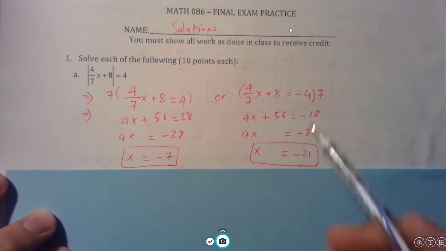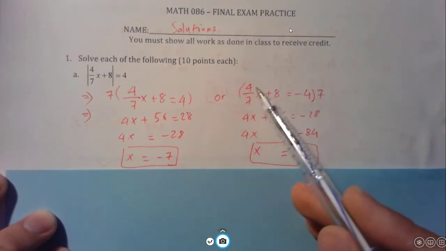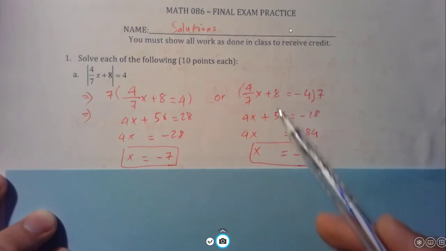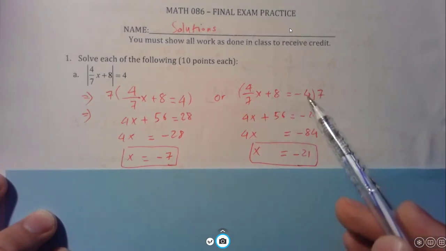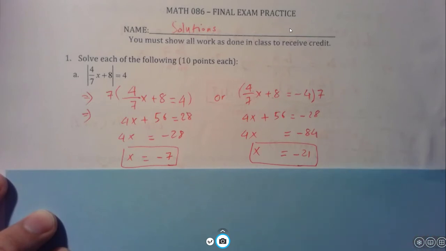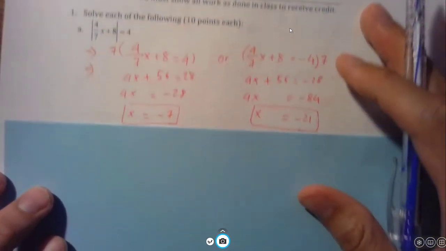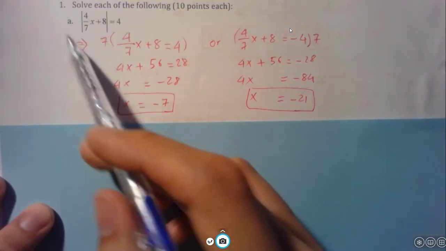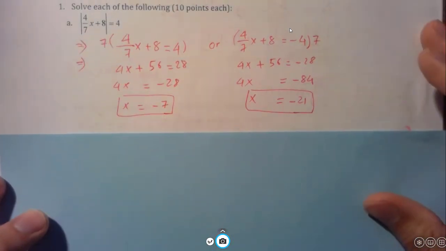And then the same thing here, I multiply 7 to here, I have 4x. 7 times 8, 56. 7 times minus 4, minus 28. And then subtract 56 on both sides, and then divide by 4. Okay, so these are the two solutions to this absolute value equation.